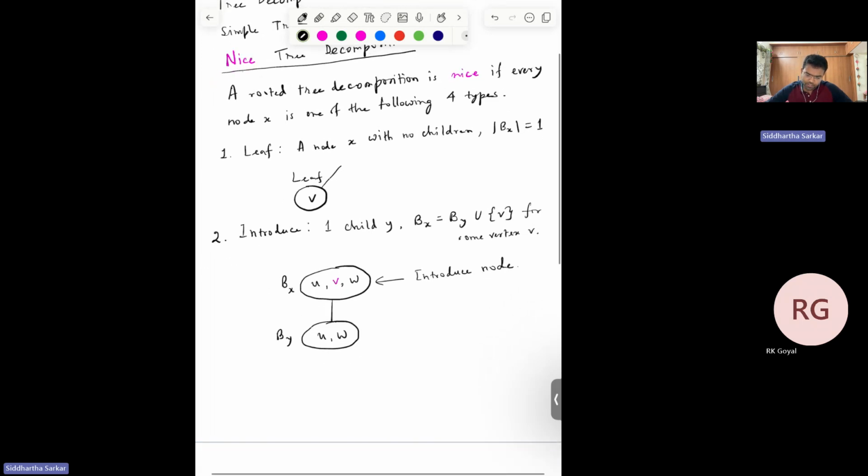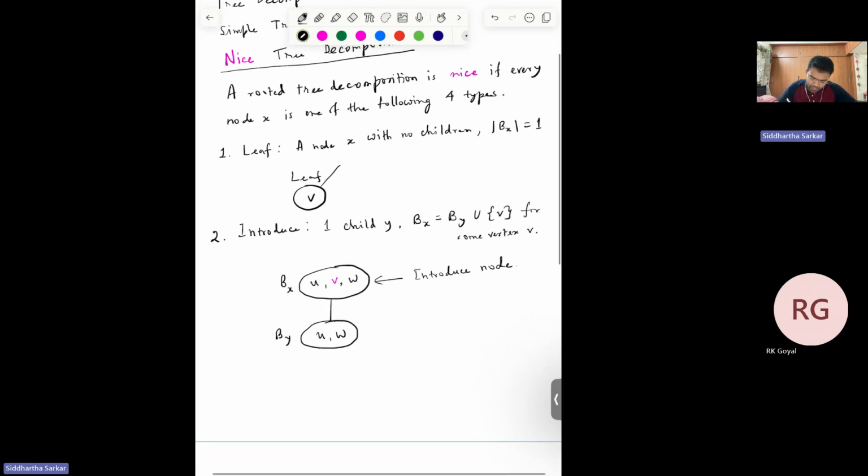There is a completely similar, complementary idea that is called forget. Exactly one element is to be forgotten. So what is a forget node? A forget node is a node which has one child, but in the child there is an additional vertex. I will just copy the same thing.